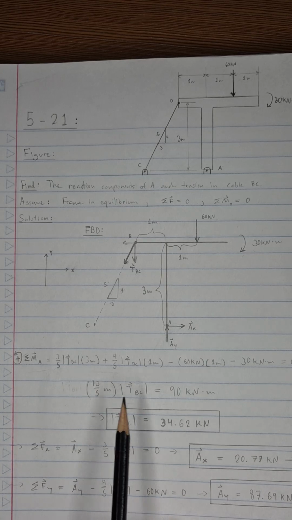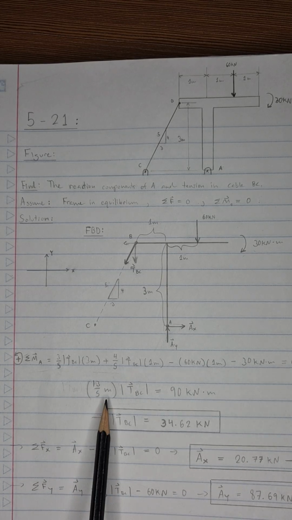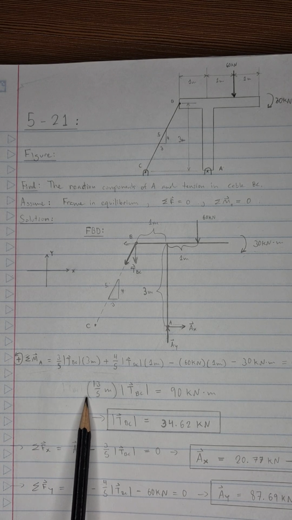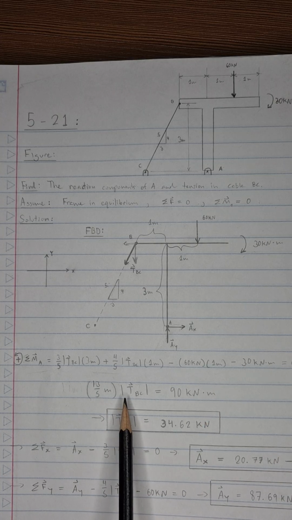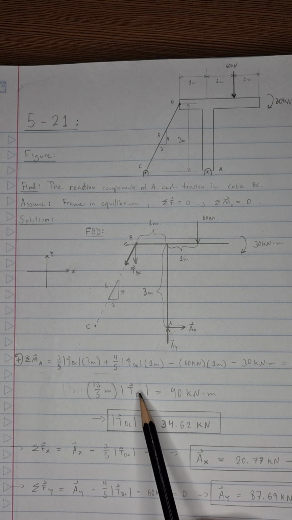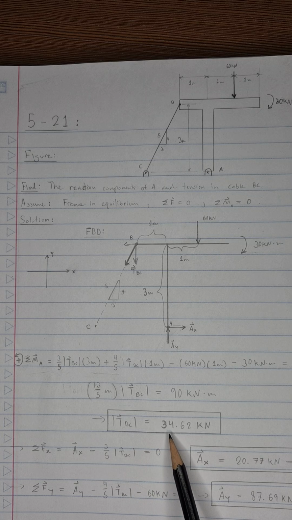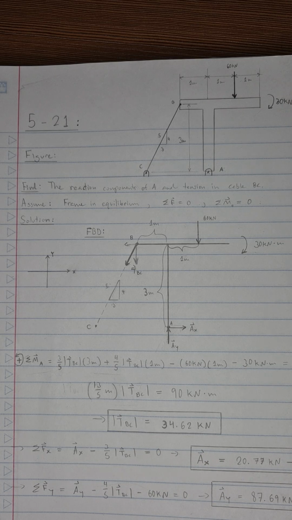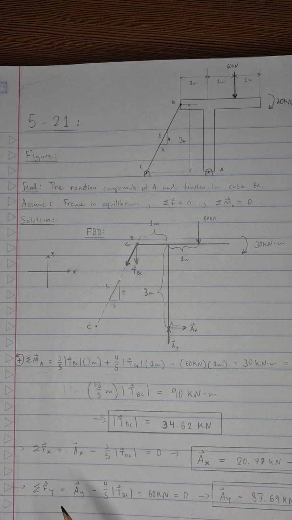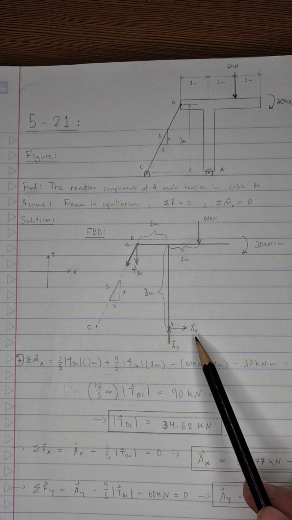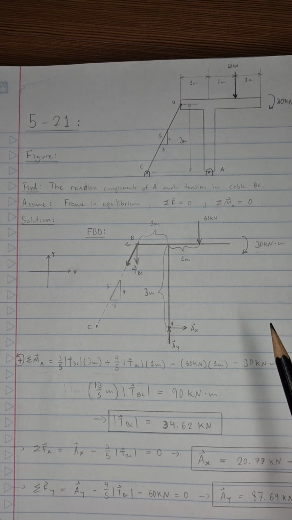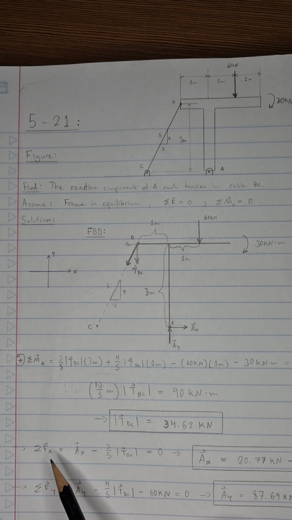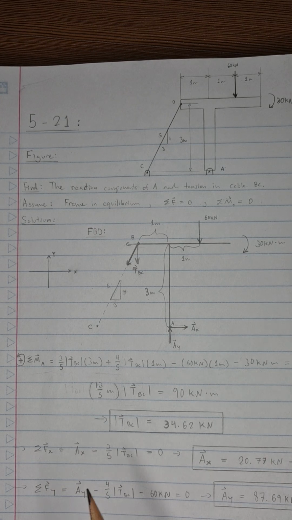So from here, we can go ahead and do a bit of simplifying, which gets us to this equation, and then that allows us to solve for the magnitude of that tension, which comes out to be 34.62 kilonewtons. And then from here, we can go ahead and solve for the reaction components AX and AY by just summing forces in the X and Y directions.